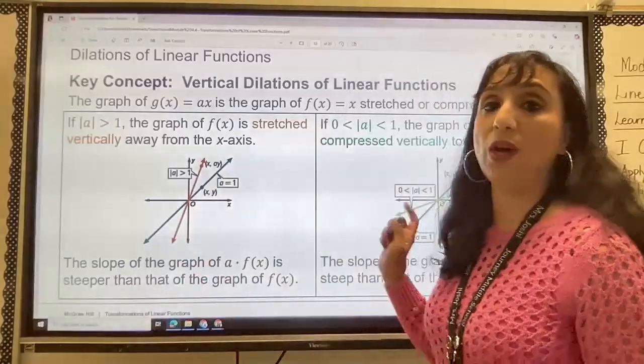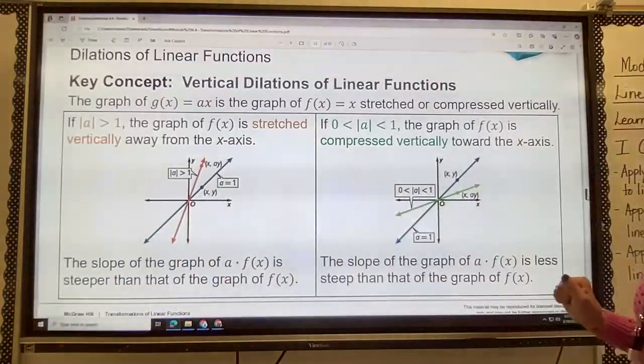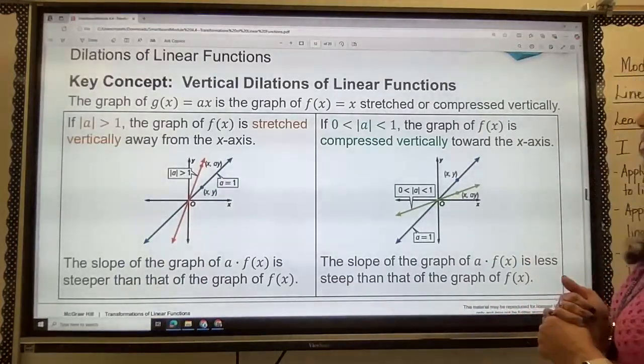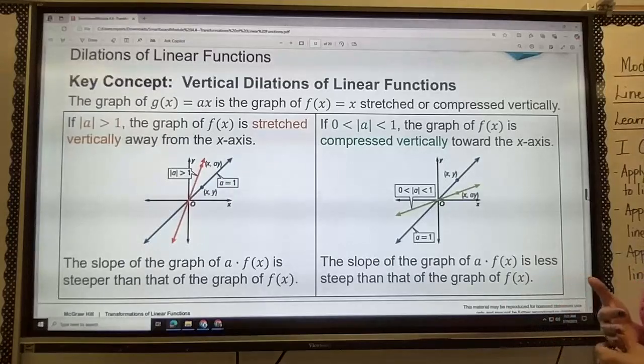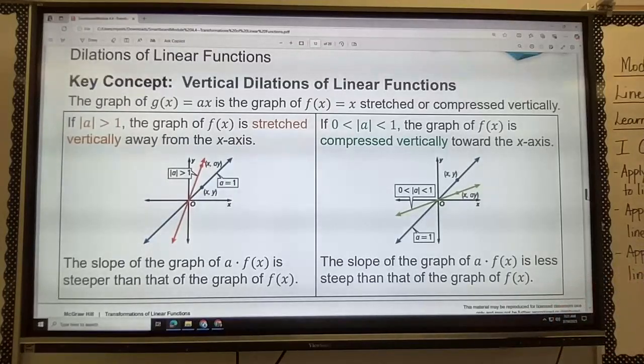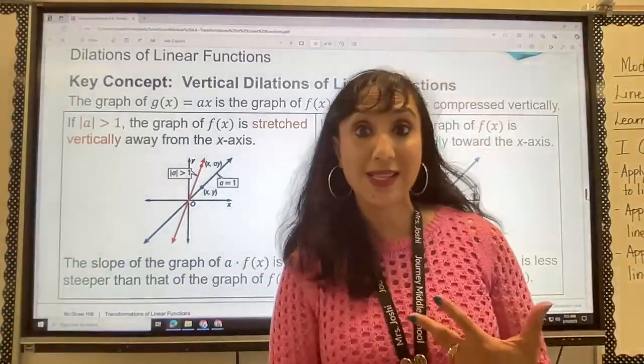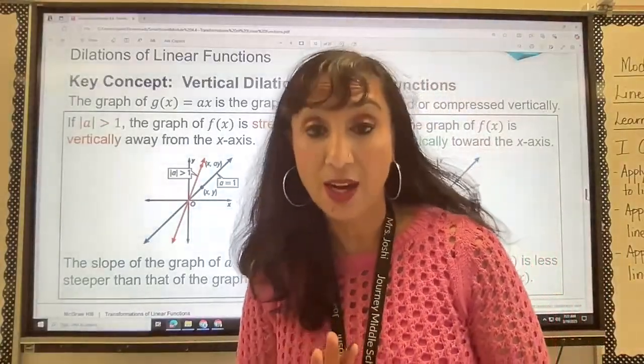Let's look at the other one. If 0 is less than the absolute value of a, which is less than 1, the graph of f of x is compressed vertically toward the x-axis. If it is greater than 0 and less than 1, that means it's a fraction, right?